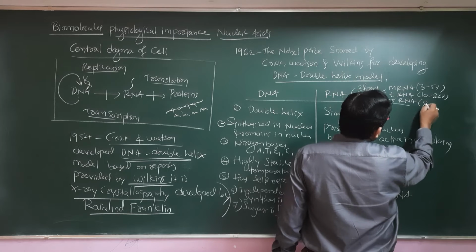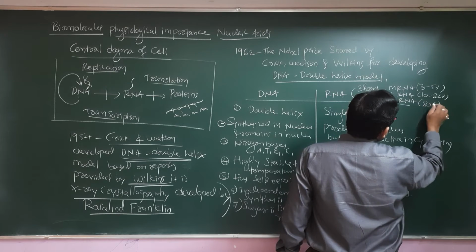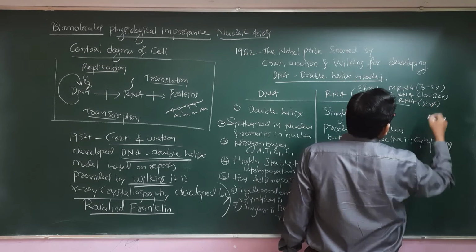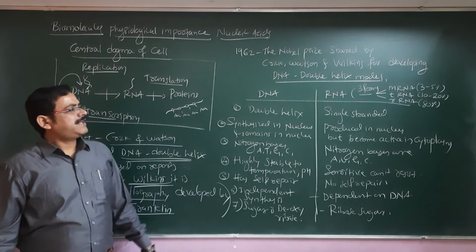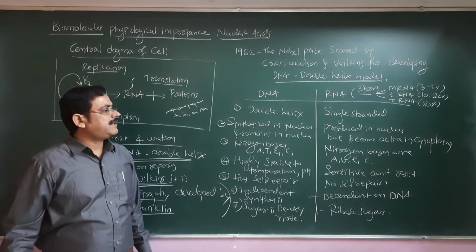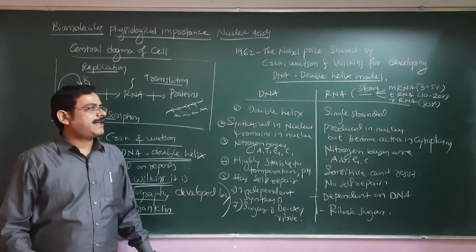Whereas ribosomal RNA is dominant in terms of percentage, at 80%. So there are three forms of RNA, whereas DNA is a single type.